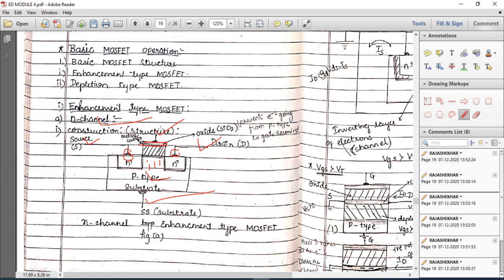Whereas this is the gate terminal, and it is connected through a metallic contact to the p-type substrate, but separated by a thin layer of oxide, which acts as an insulator between the gate and the p-type substrate. It won't provide any electrical connection between the gate and the p-type substrate. So now this is the construction part.